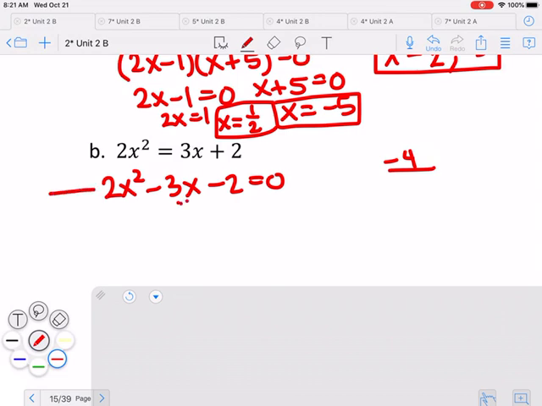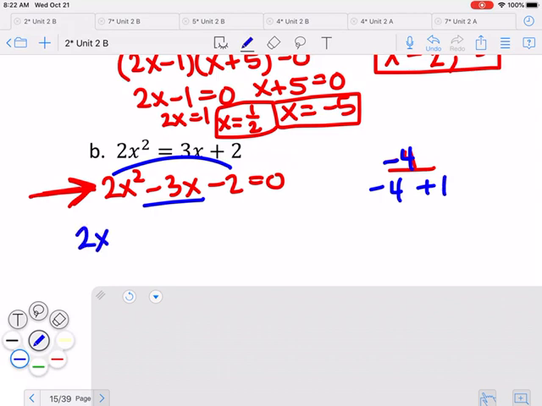And notice A, B, and C are determined from when it's in standard form. I'm not looking at the original anymore. 2 times -2 is -4, and things that multiply to -4 that add to -3 would be -4 and +1.